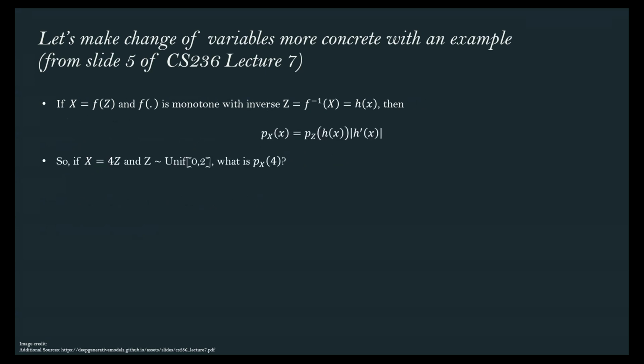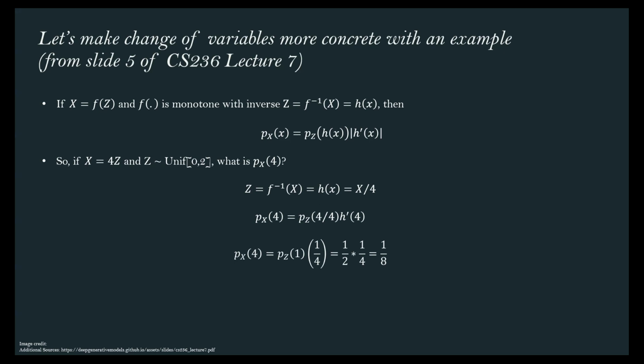Yeah. So we run back through that and say, all right, using our change of variables formula, we get z equals f inverse of x equals h of x equals x over 4. So that's the inverse, right? Then p_x of 4 is equal to p_z of 4 over 4, and the derivative of h is always 1/4.